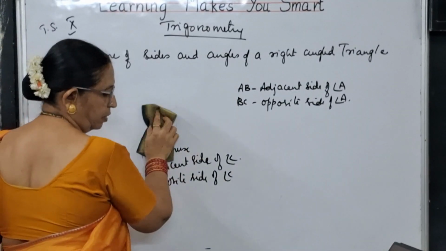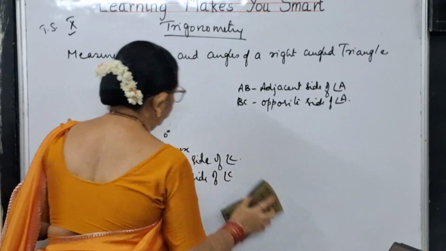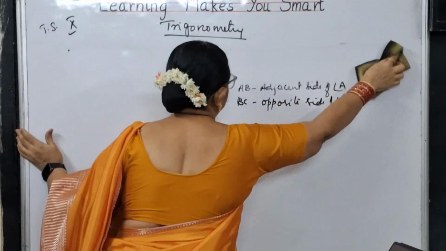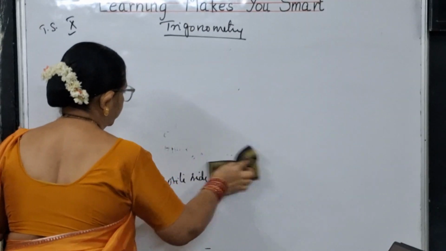Now, you have got the Do This sums, children. Let me talk about the Do This sums.